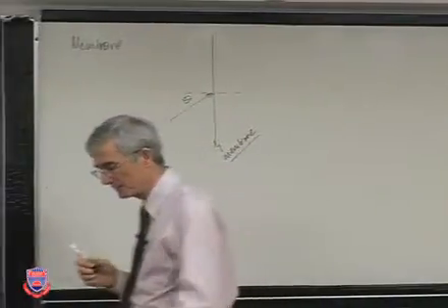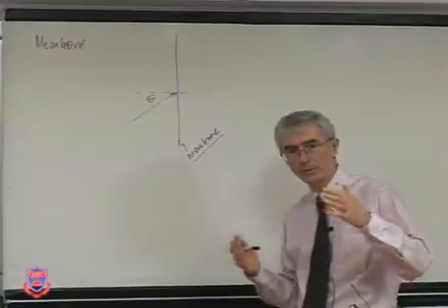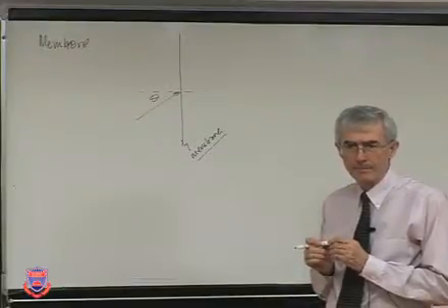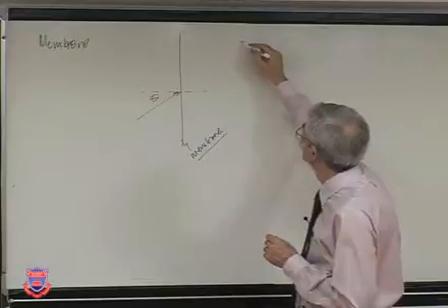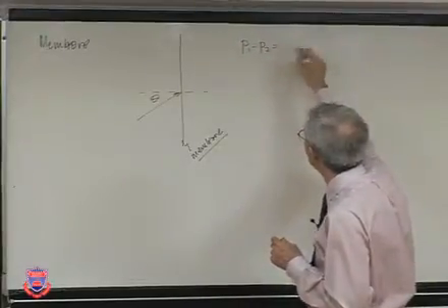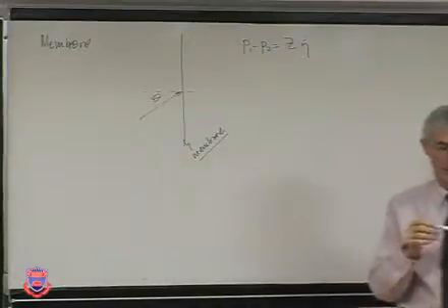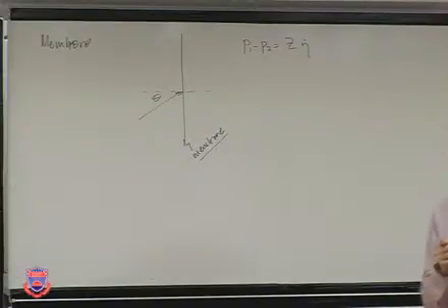The membrane and its relationship to pressure. Pressure difference is equal to mass times acceleration. Right, you can do mass times acceleration, or similarly, impedance times the velocity, okay?